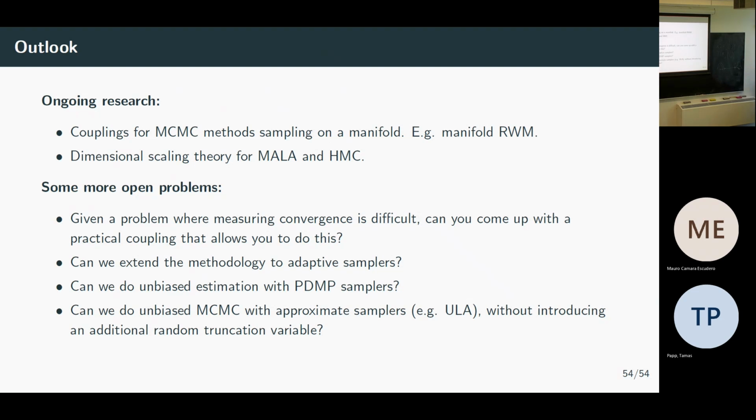Really, how high do you have to go to see things break down? You can also think of this kind of method, especially the coupling bound, as useful for diagnosing convergence on state spaces that are kind of ugly, like manifolds. There's work on coupling MCMC methods on manifolds, specifically for manifold random walk, which on a manifold is unintuitively not a local algorithm.